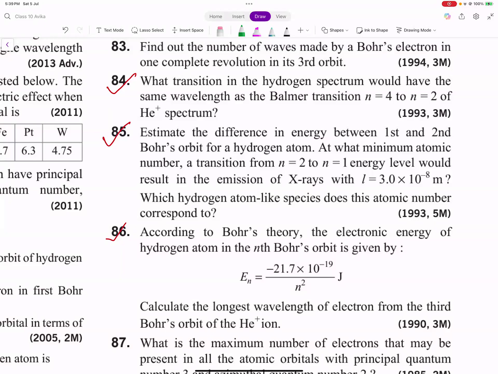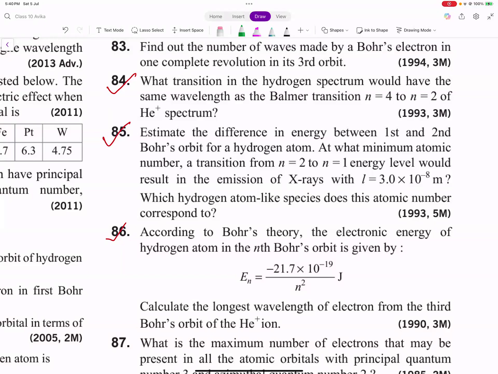You see, first you have to calculate delta E. Delta E equal to 13.6. You know the wavelength, right, in nanometers? I think that was the problem, because I wasn't taking it in nanometers. How many nanometers?